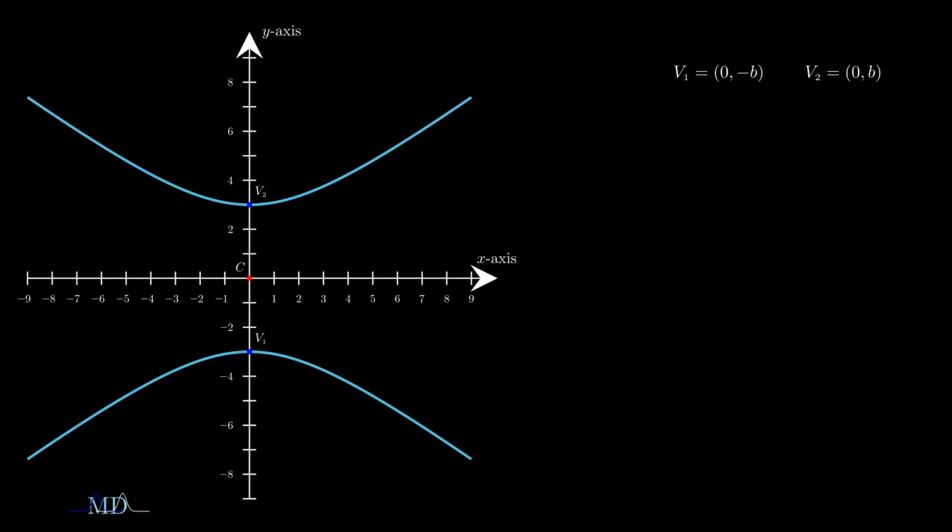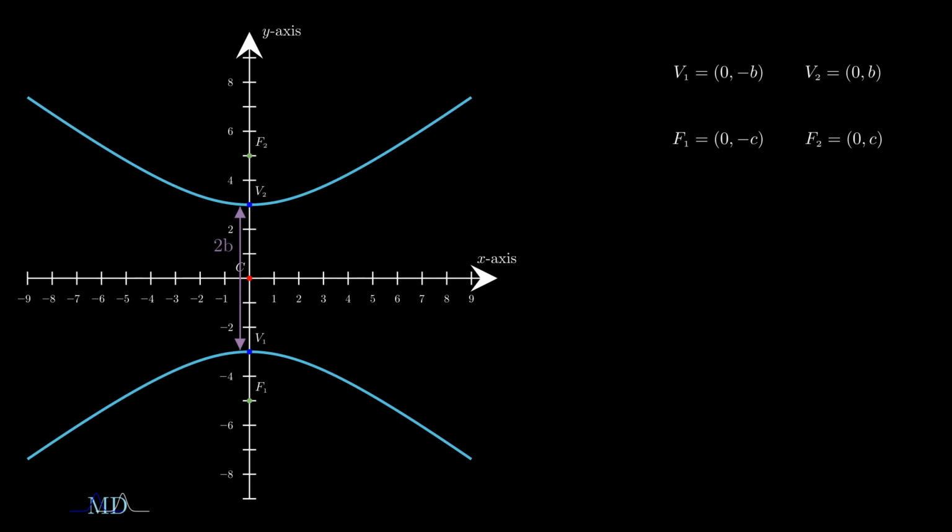We choose to call b the value of the ordinates, but we could choose to call it a. Eventually we would have gotten an equation with a and b swapped. So in our case, the length of the transverse semiaxis is 2b, and even the foci lie on the transverse axis, and they have coordinates (0, -c) and (0, c).